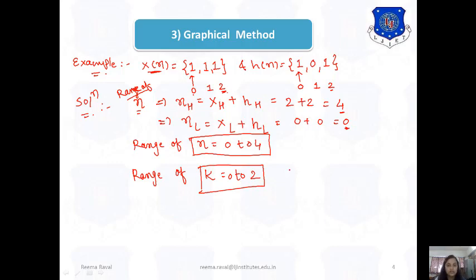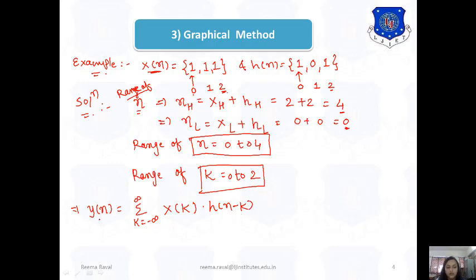Now we will use the mathematical formula to plot the graphs and then find the values accordingly. First, the mathematical formula which we have seen earlier: y of n equals the summation of k equals minus infinity to infinity x of k into h of n minus k.